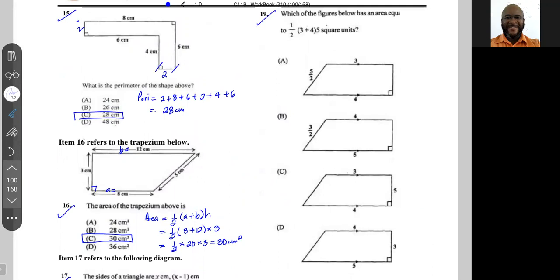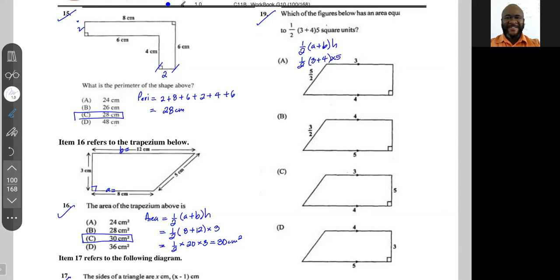So the shapes in the answers there are trapezia. Each shape is a trapezium, so it's a half. The formula is what? A plus B times H. So that's a half (3 plus 4) times the height, which is 5.